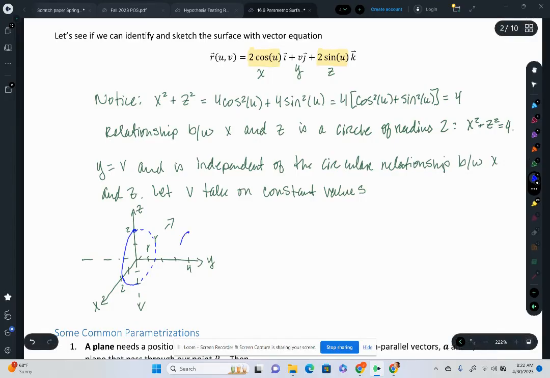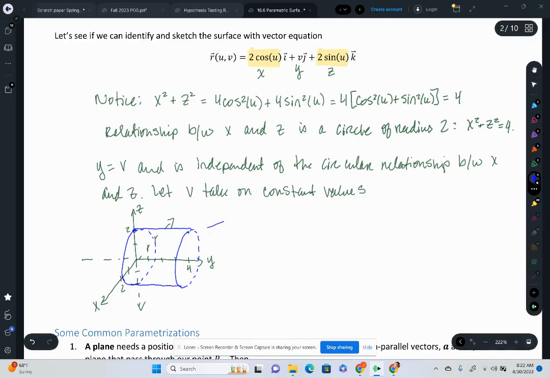That's going to be a little bit harder because I have nothing to guide me. Something like that. All along the y-axis, in fact, I'm going to be getting circles of radius 2 from x and z. So x and z are going to form circles no matter what y does. So y can go ahead and take on all the constant values that it wants to, but x and z are still going to form a circle.